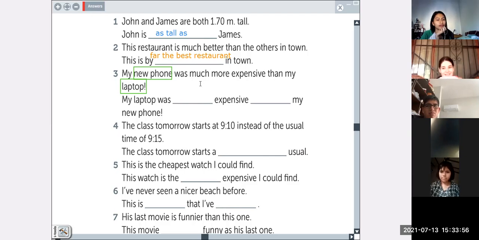But it's not just less, it's much less. Mucho menos cara, ¿cierto? Entonces sería much less expensive. ¿Y aquí? Than, right? Very good. Much less expensive than my new phone. Mucho menos cara, mucho menos costosa.